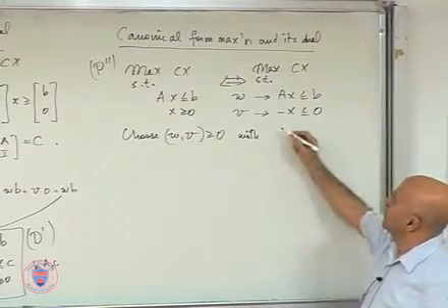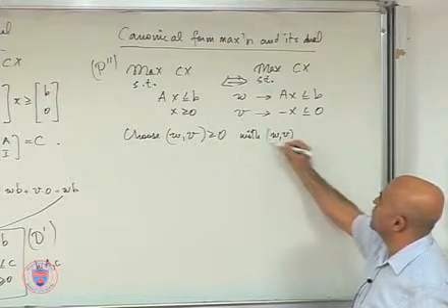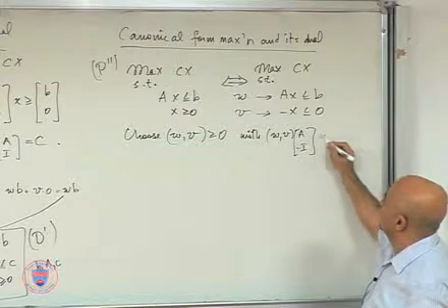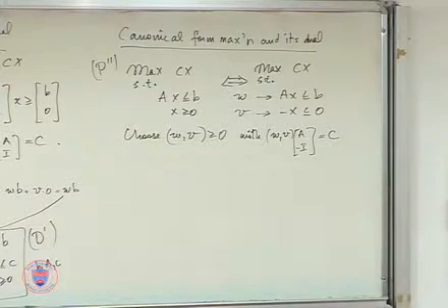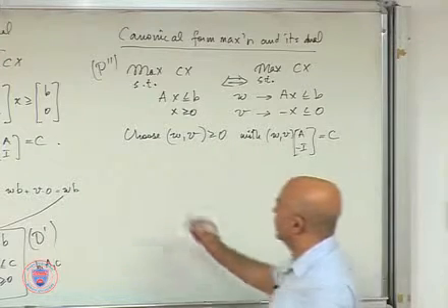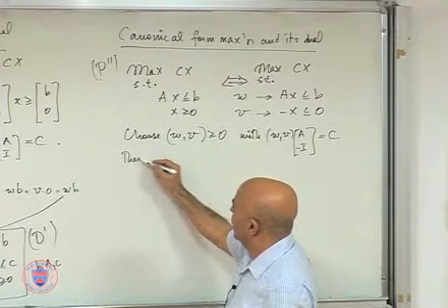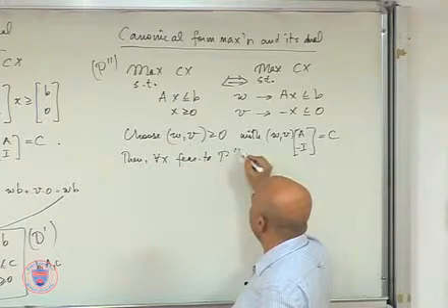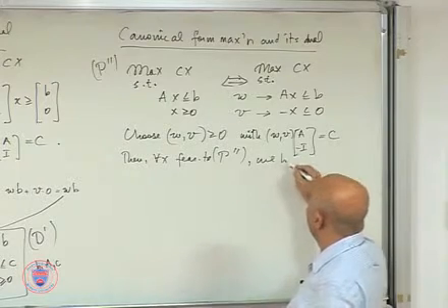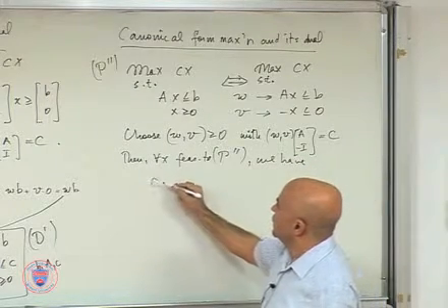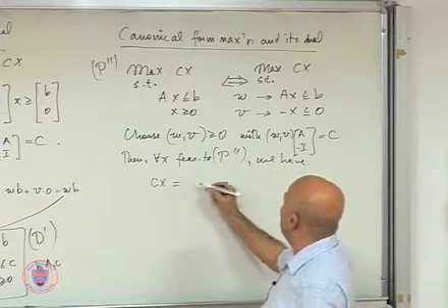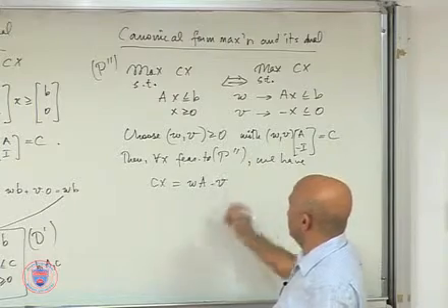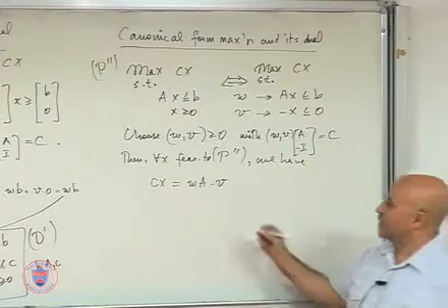with WV times the matrix A, minus identity, producing C. Then, for every X feasible to P double prime, we again have Cx, which is now equal to WA minus V. I'm just multiplying them out.